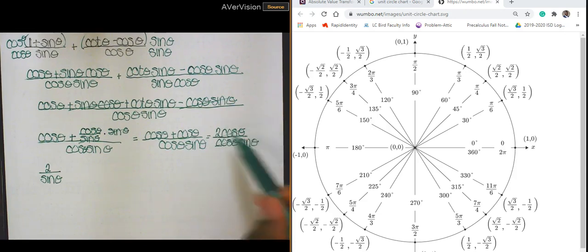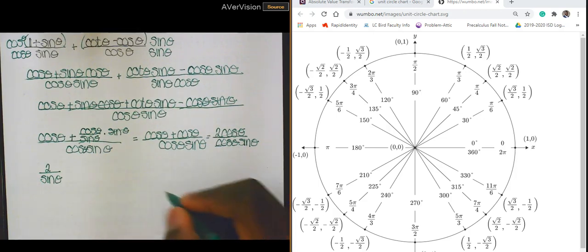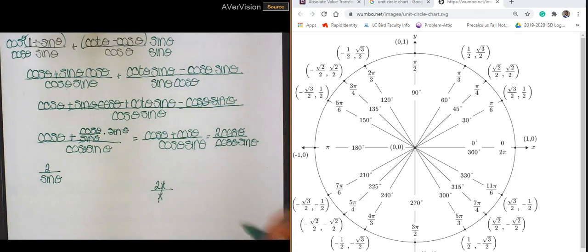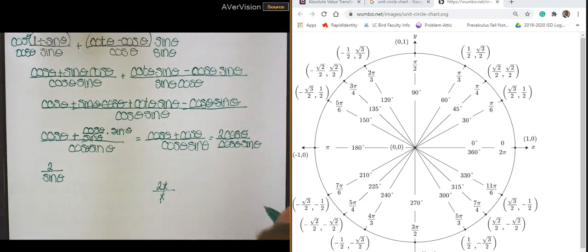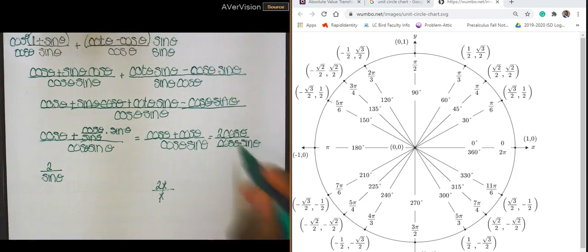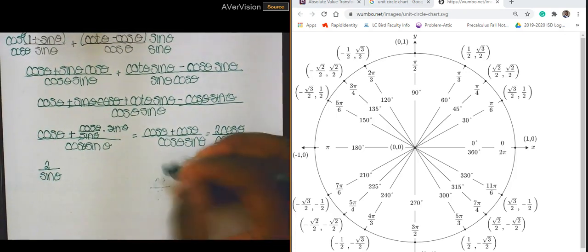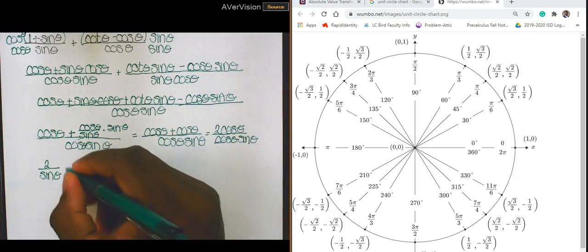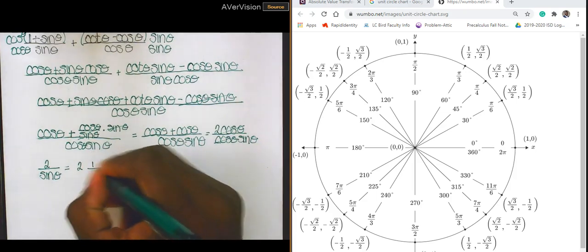So they're being multiplied. So again, if we add 2x over x, the x's cancel out, right? Leaving the 2. Same thing here. What is 2 divided by sine? That's the same thing as 2 times 1 over sine.